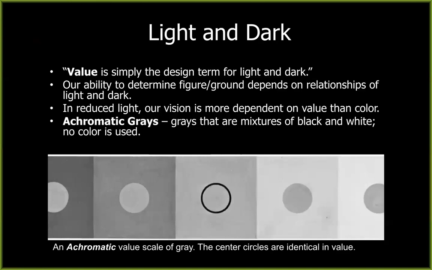In your histogram in Photoshop, you have 256 stops between black and white. So there are 256 shades of gray in Photoshop, and that's what the histogram is actually measuring.